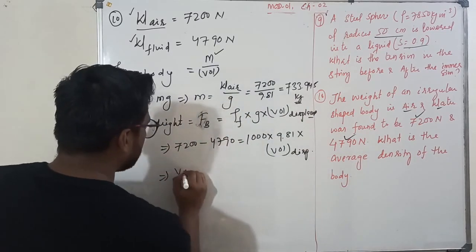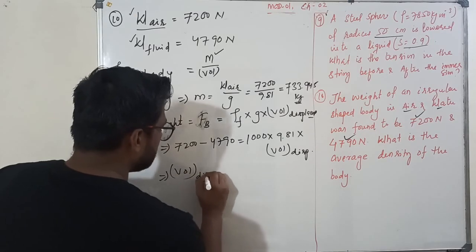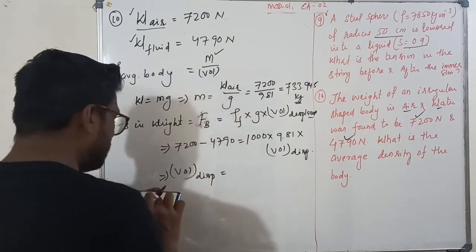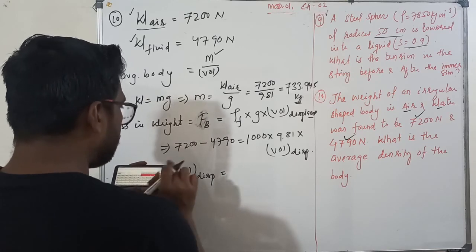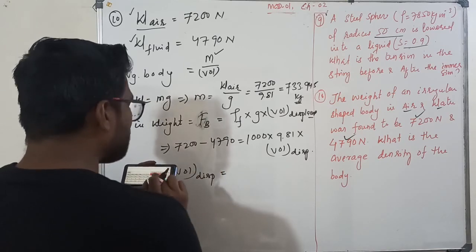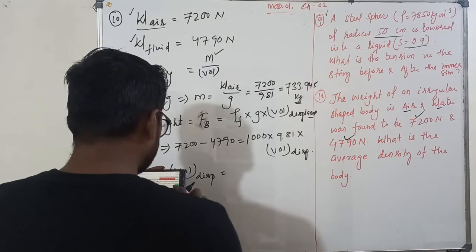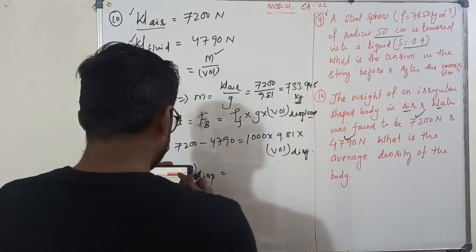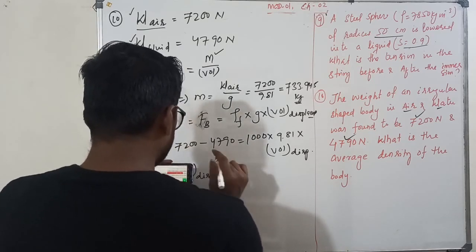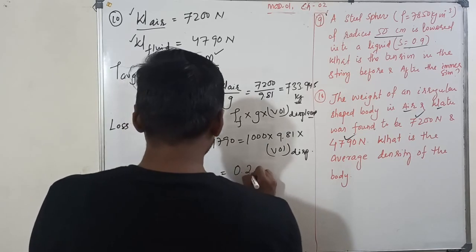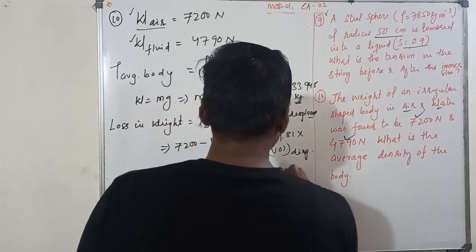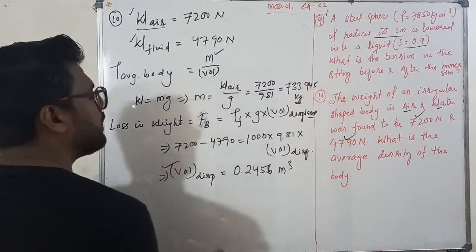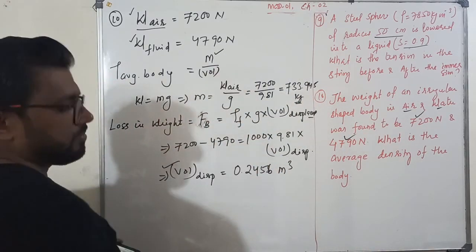So this implies your volume displaced is nothing but 7200 minus 4790 divided by 9810. So the volume displaced is 0.24556 meter cube. This much is the volume displaced, which is the volume of the body itself.